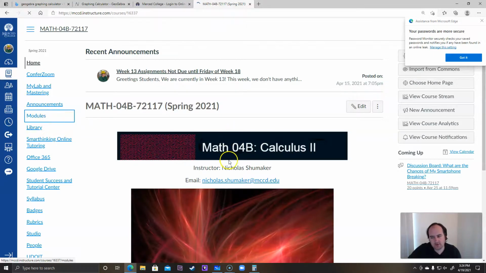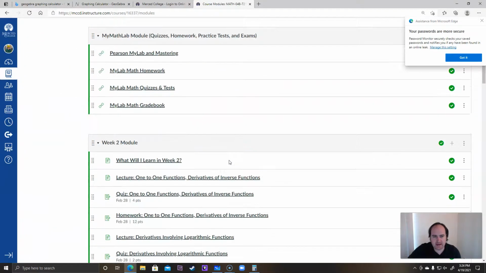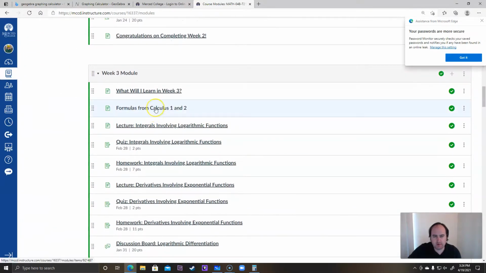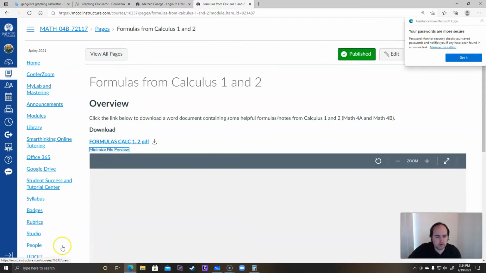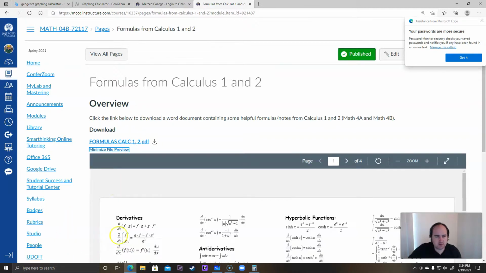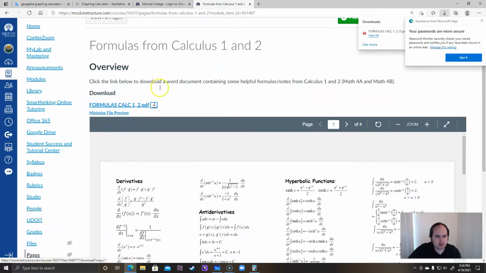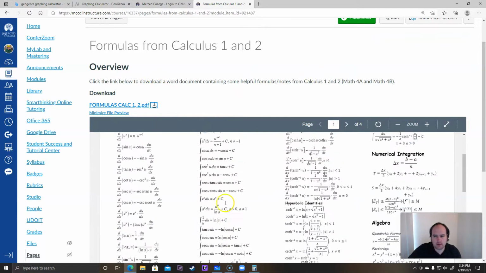But I understand if you don't want to memorize all those, that's why we have the formula sheet. And the formula sheet, as always, is usually in your week 2 or your week 3 module. It's called Formulas from Calculus 1 and Calculus 2. Okay, and that's the one that we're going to go ahead and use here. So let me full screen that.